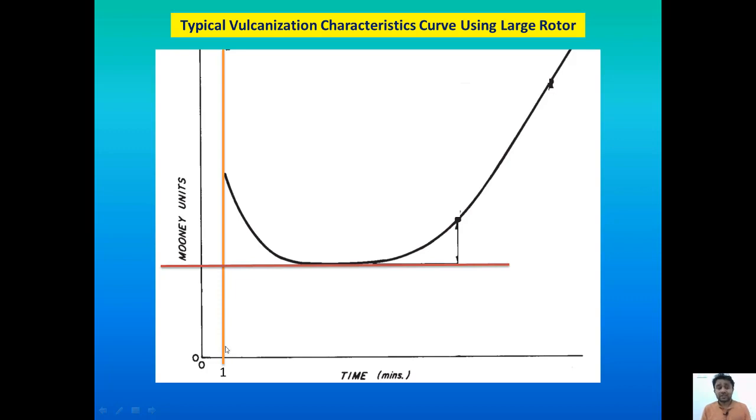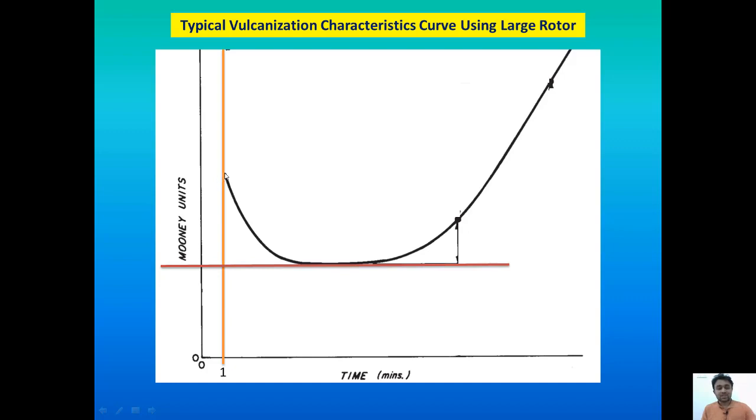That will be felt by the rotor. So initially the rotor will feel that it needs somewhat high torque to keep its constant 2 rpm speed, so it will give this type of peak initially.